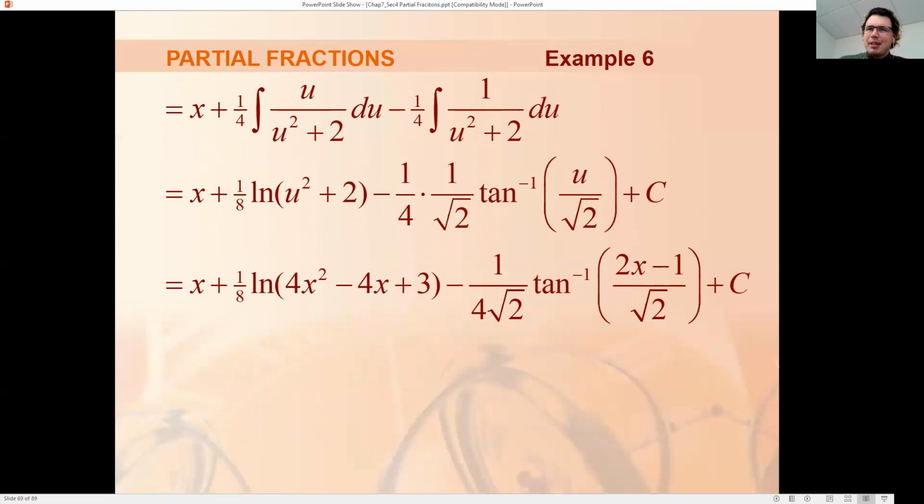Let's focus on that piece. So this piece right here, my a is whatever the square root of this constant is. This 2 is supposed to be an a squared. So in this formula, a is the square root of 2. My negative 1 is a constant that's just coming along for the ride. My antiderivative is 1 divided by the square root of 2 times arctangent of u divided by the square root of 2.